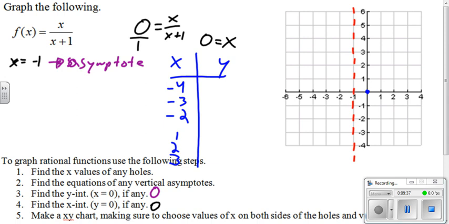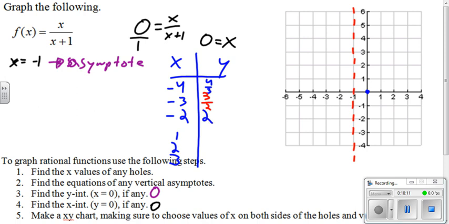Well, if we plug negative 4 in for our x value, that would give us negative 4 over negative 4 plus 1 would be negative 3. The negatives cancel out. We'd be left with 4/3. If we use negative 3, it's going to be very similar. It will be 3/2. Negative 2, following along that pattern, would be 2 over 1, and in that case it would just be 2.